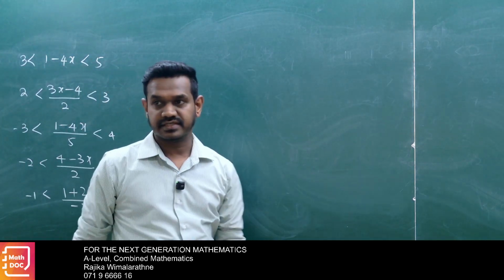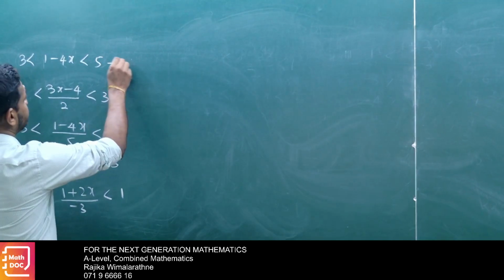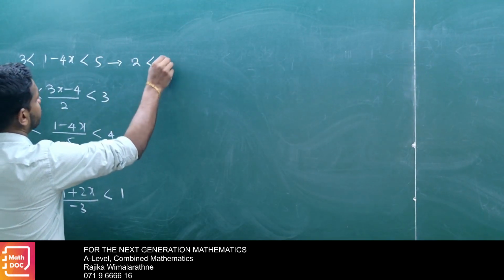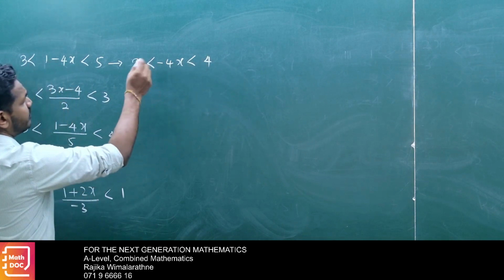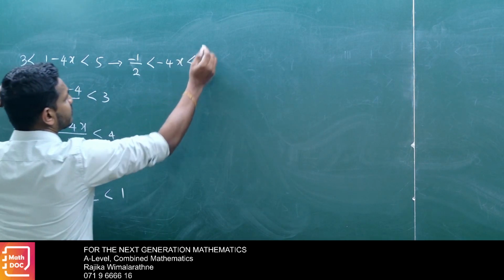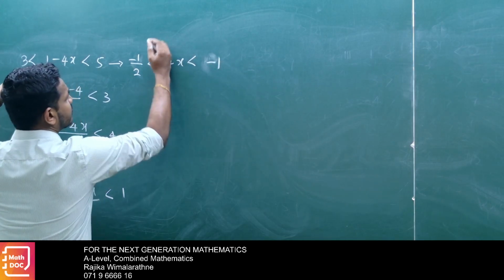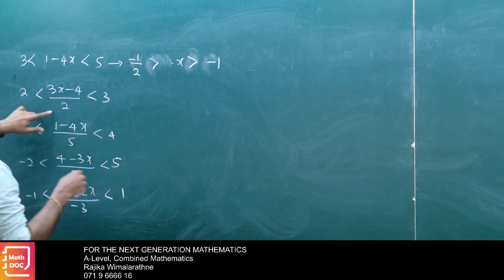Check your answers. Here subtract 1. Divide by -4. Reverse the sign. Now multiply by 2.